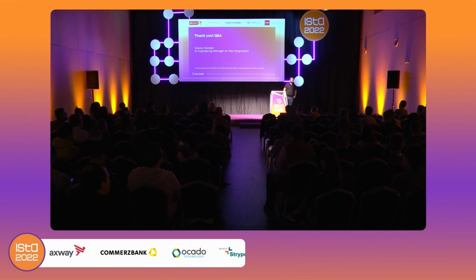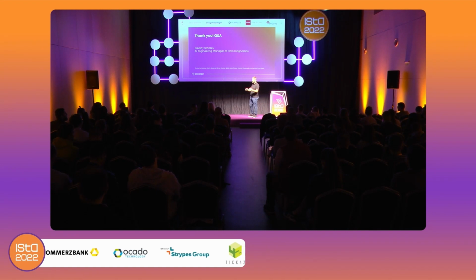So the question was, how do you decide what is the best system to pick? You have different options for monitoring, for logging, for tracing. How do you pick what to do? You look at the infrastructure that you're already using.